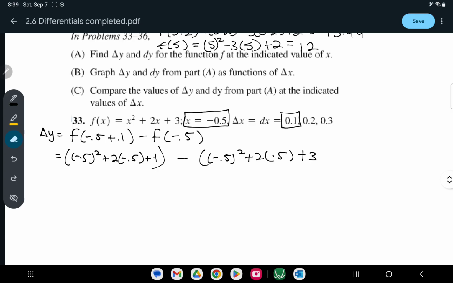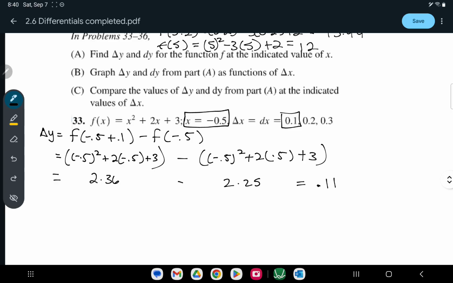And I definitely meant to put plus 3 here. And now let's get those actual values. So this is going to give me 2.36. And then this is going to give me 2.25, for an actual change of 0.11.